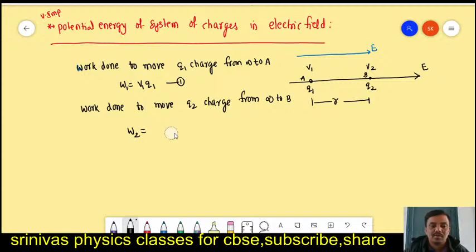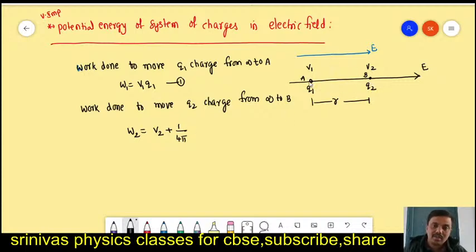The total potential is what I want. Potential due to the electric field is V2, okay? But potential due to Q1 is also there, because we just now brought Q1. First we brought Q1, and at that moment Q2 was not there. That's why we wrote only potential due to the electric field into charge. But now we are bringing the Q2 charge.